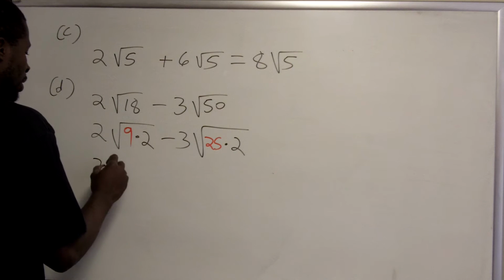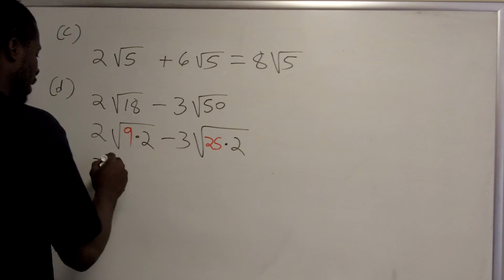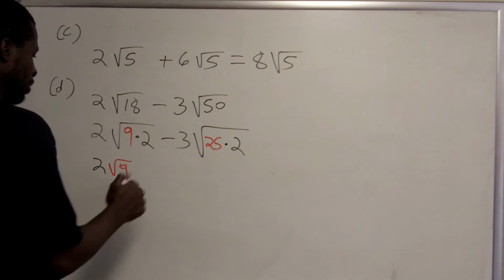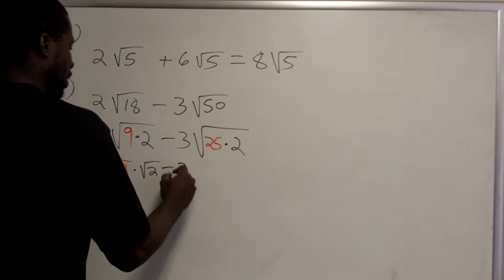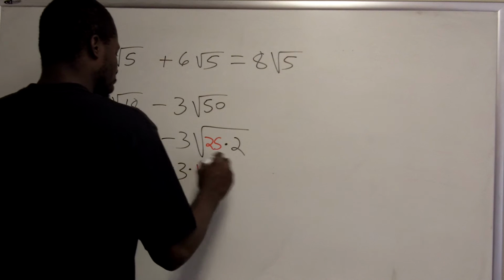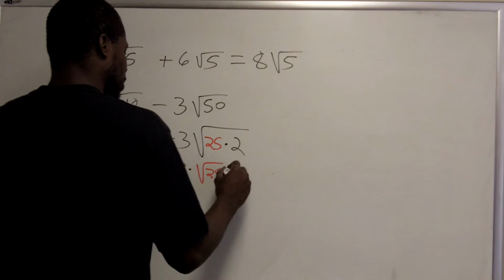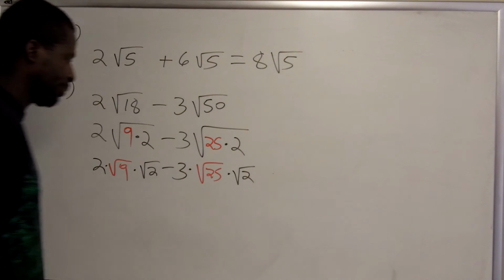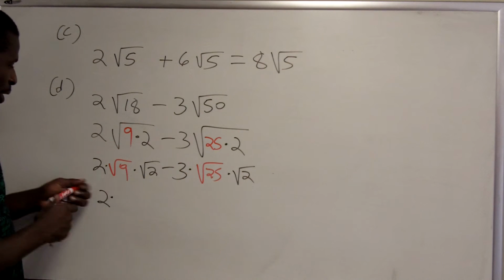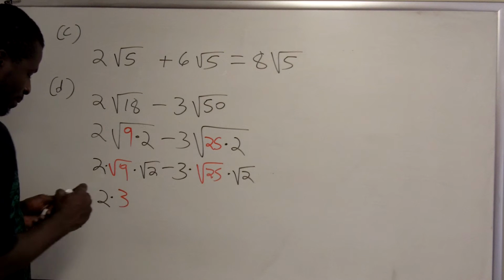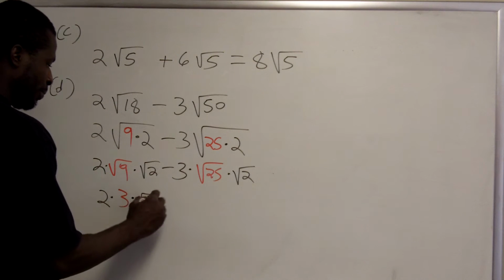So I have 2 times the square root of 9 times the square root of 2 minus 3 times the square root of 25 times the square root of 2. Well, this is 2 times, and the square root of 9 is 3, multiplied by the square root of 2.